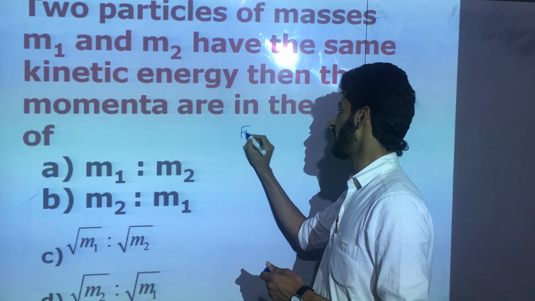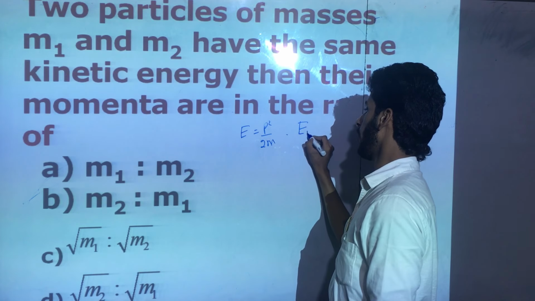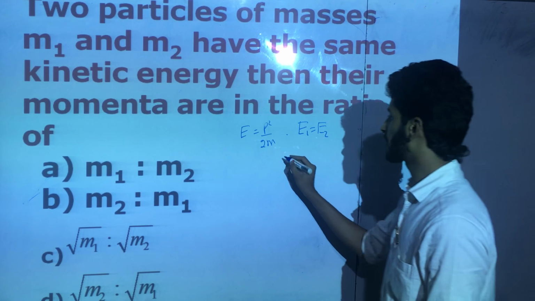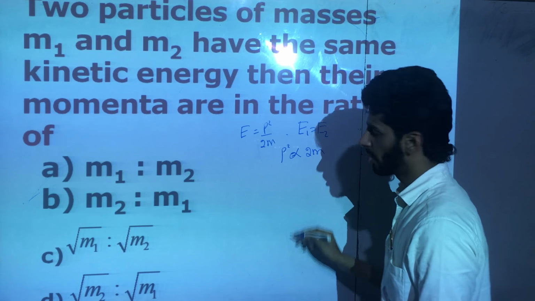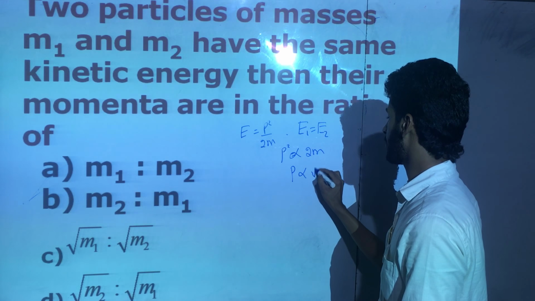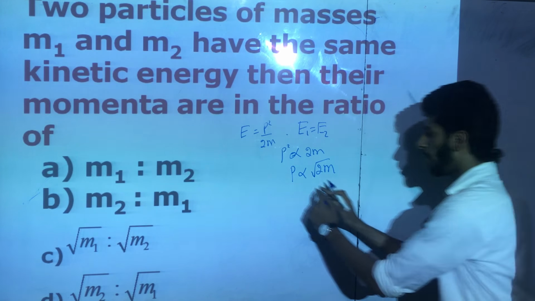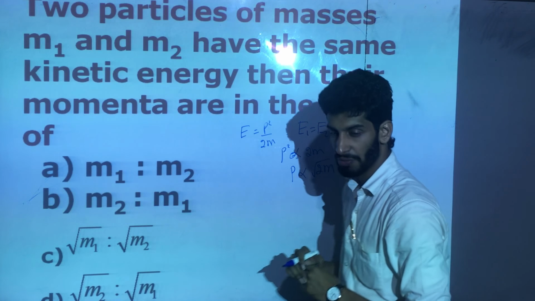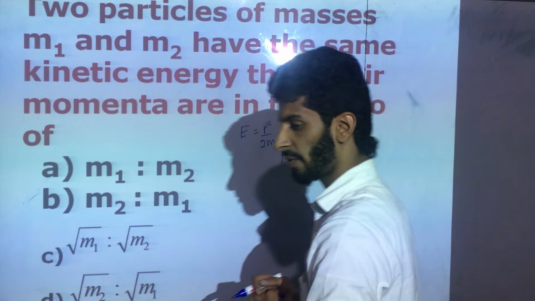This time energy is equal to P squared by 2m. E1 is equal to E2, that's what they have given. That means P squared is directly proportional to 2m, so P is directly proportional to root 2m. That's how momentum and mass relate by keeping energy constant for both bodies. What is asked is the ratio of their momentum.